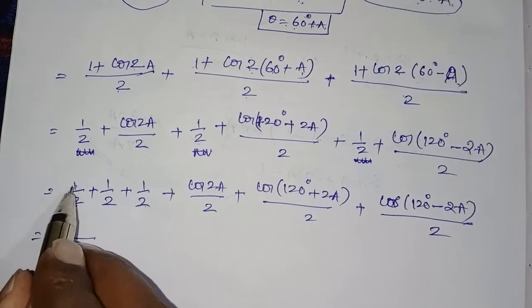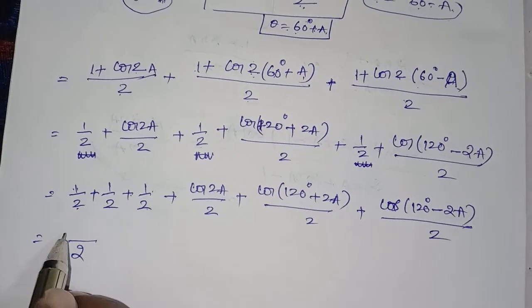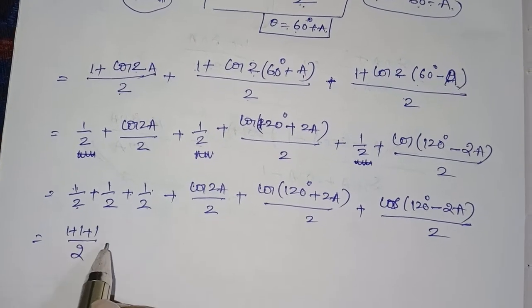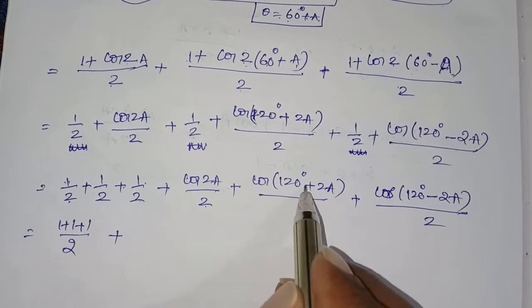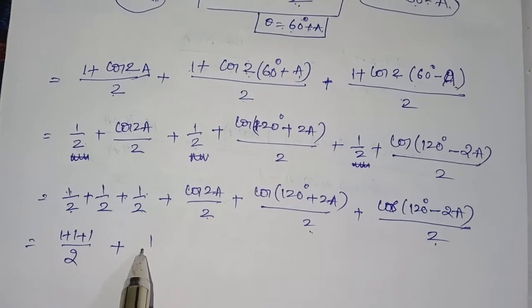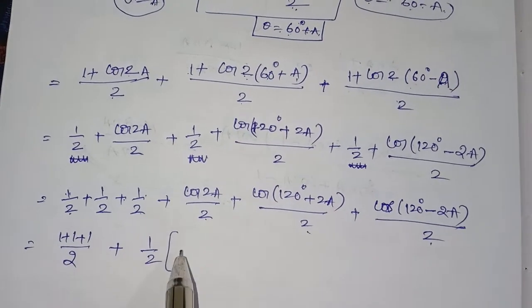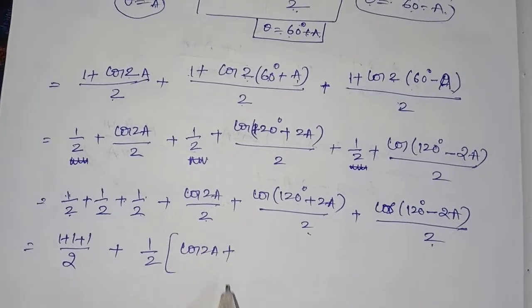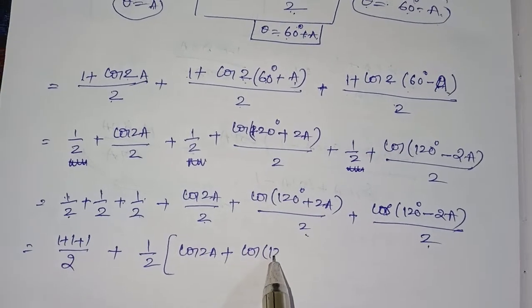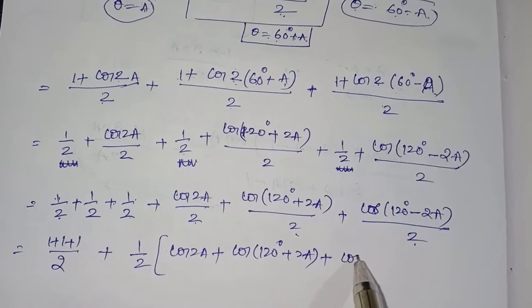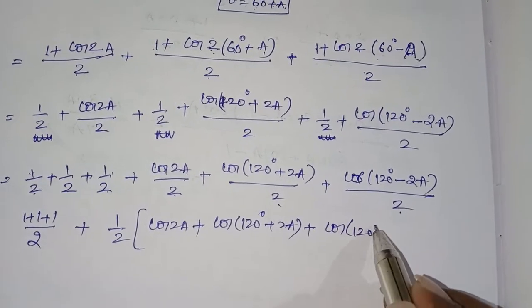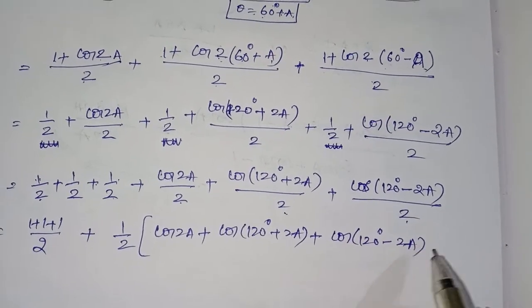Add the numerators: 1 + 1 + 1 + cos 2A + cos(120° + 2A) + cos(120° − 2A).